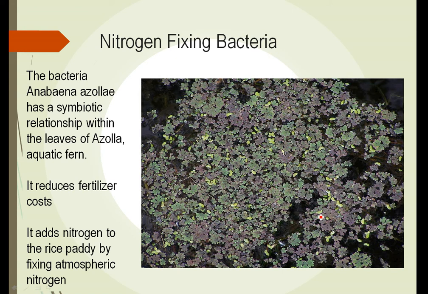There's a plant called azolla, a type of water fern, that grows in rice paddies. At one point, it was thought to be kind of a weed and a pest, but it turns out that, like the legumes, this water fern, azolla, has a symbiotic relationship with a bacteria, and that bacteria has the ability to fix nitrogen from the air, and the air we breathe is 78% nitrogen.